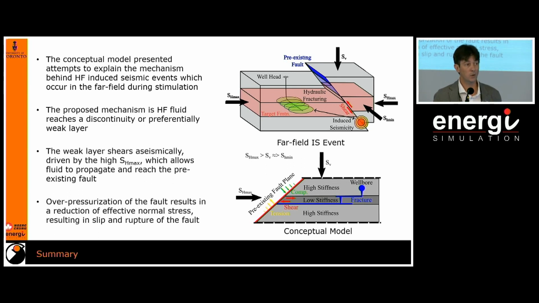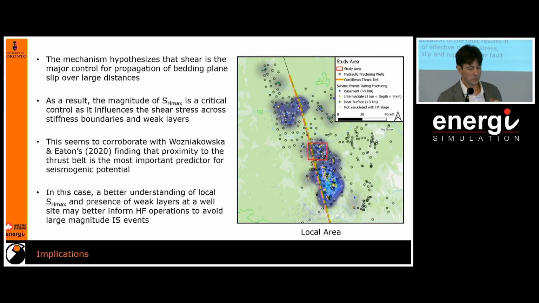And if you hit one of those, they are so easy to break that you might actually reach a fault many kilometers away. Well, that is the hypothesis. And when you start looking at all the data and the literature, for example, Eaton's group also said that the proximity to the thrust belt is the most important predictor for seismogenic potential. Again, same idea, same concept.